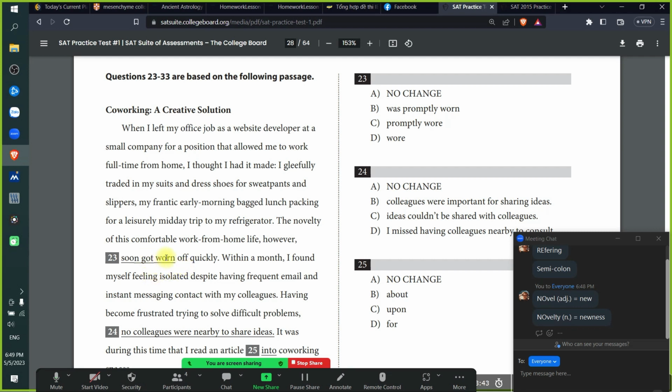Soon, worn off quickly. However, worn off quickly. Wore off quickly.